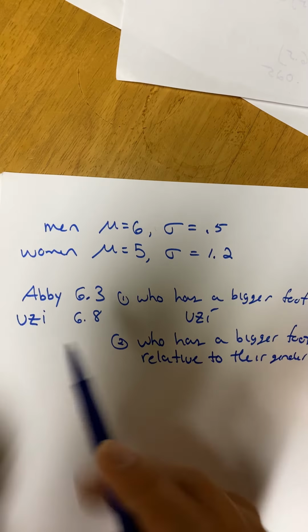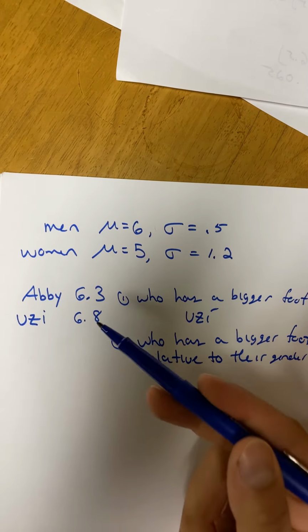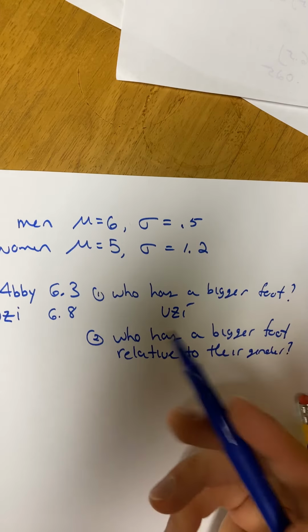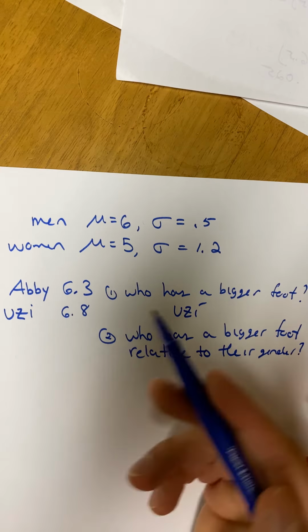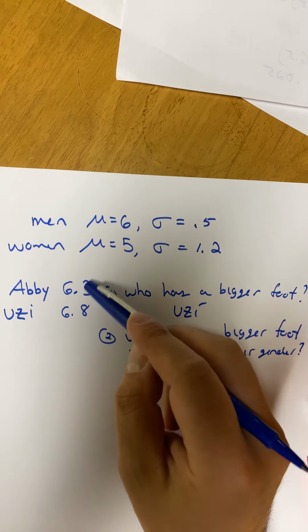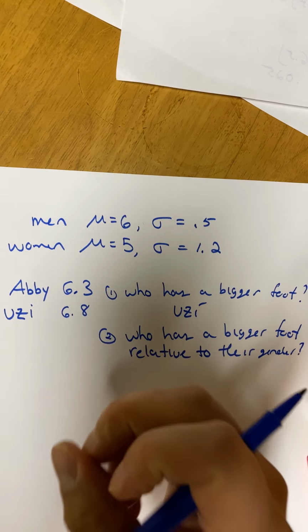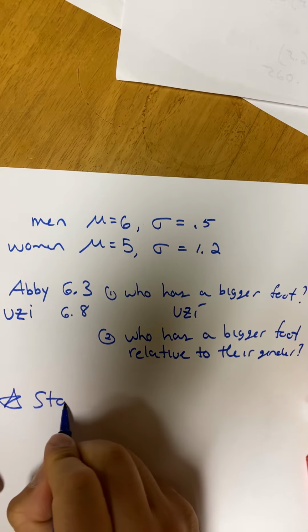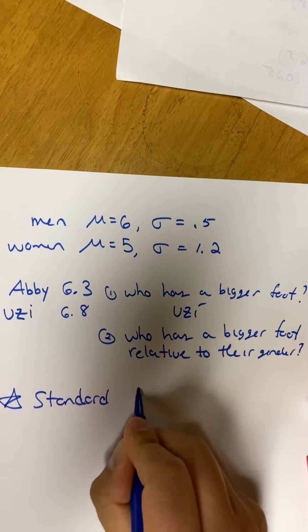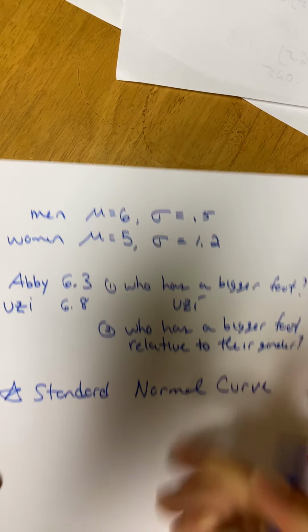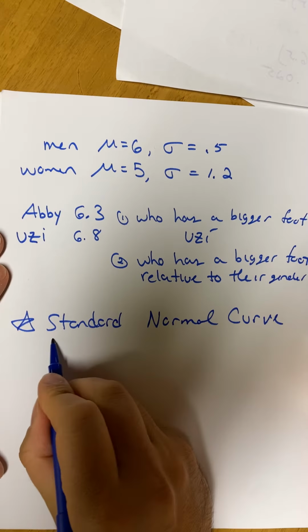Like, does Abby have a bigger foot for a girl than Uzi has for a guy? The problem is that I'm trying to compare apples to oranges, and I can't do that. So what I have to do is standardize these values, and this is where we get the standard normal curve or standard normal distribution, and these use z-scores.